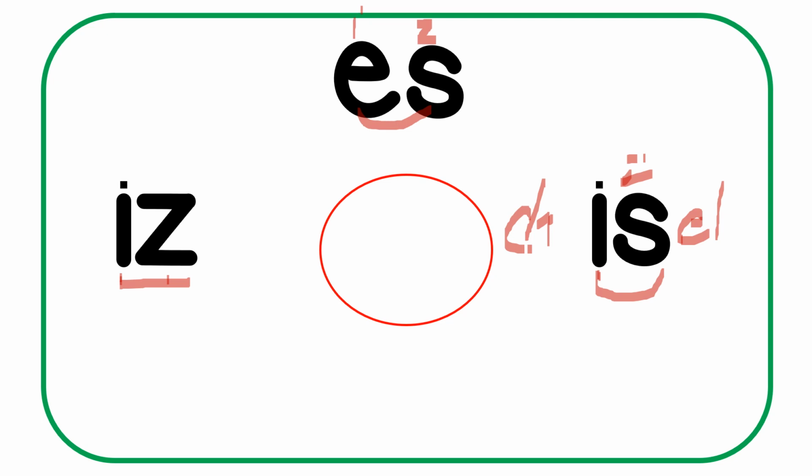This form is mostly used with verbs where you have a singular noun. Once you have a singular noun before the verb, then this would be used when the verb is in its present tense.